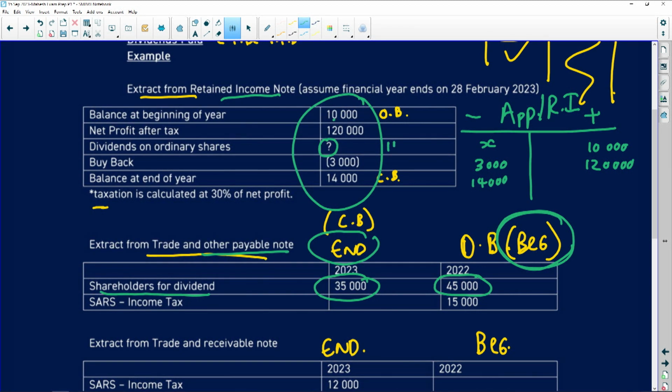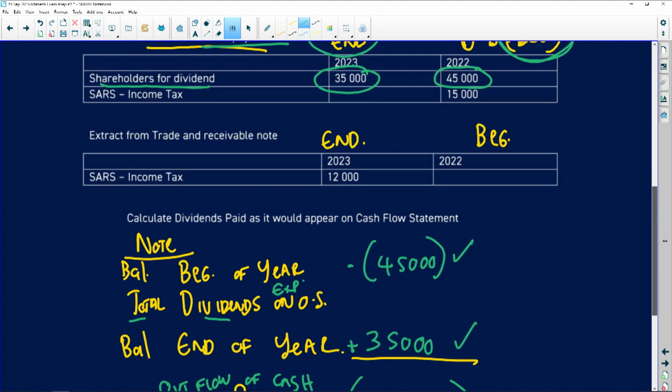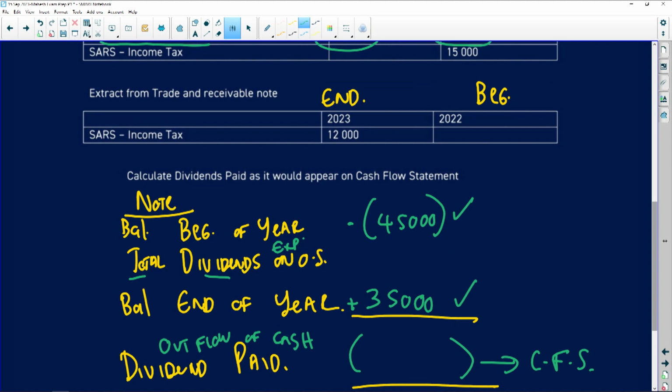Like I said, you can work directly from this note and work backwards to get the 113,000. So 113,000 is my total dividends. And remember, because it's an expense, it is considered to be an outflow of cash, even though we didn't pay the entire expense.